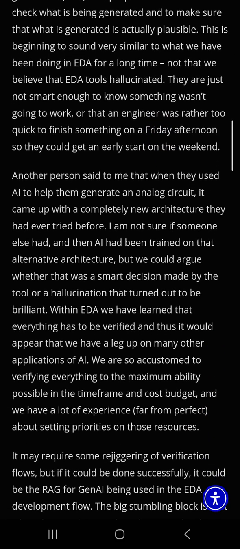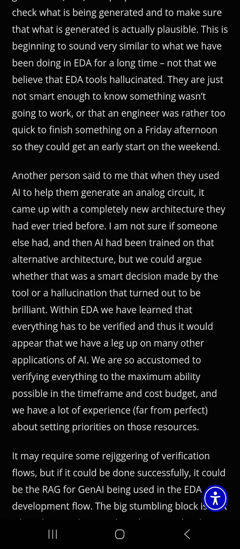Another person said to me that when they used AI to help them generate an analog circuit, it came up with a completely new architecture they had never tried before.